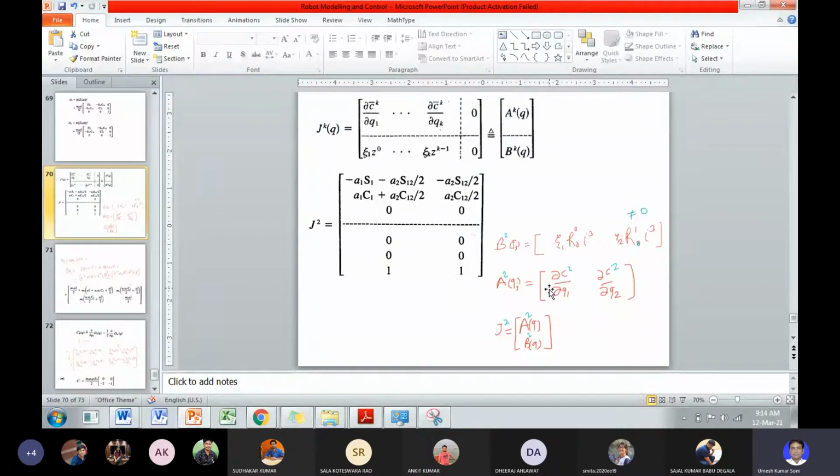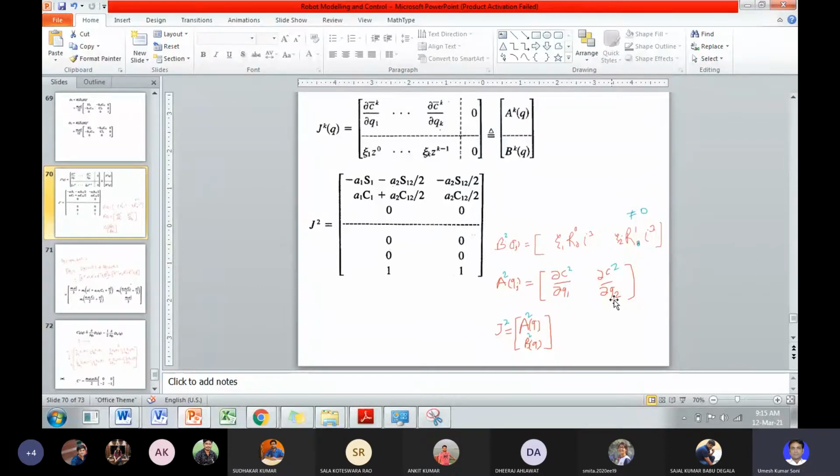Now from here you see that A2 cube is the differentiation of center of gravity with respect to base frame. This has three terms, and the differentiation of center of gravity with respect to Q1 and Q2 will give the three elements in a column.